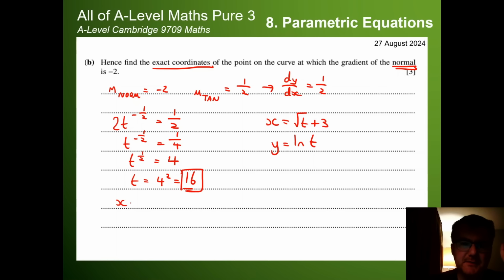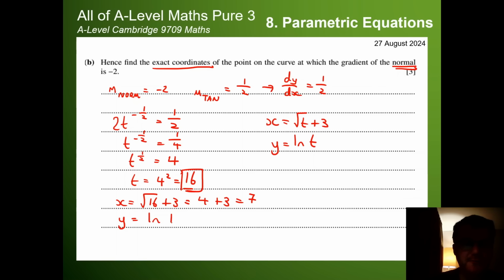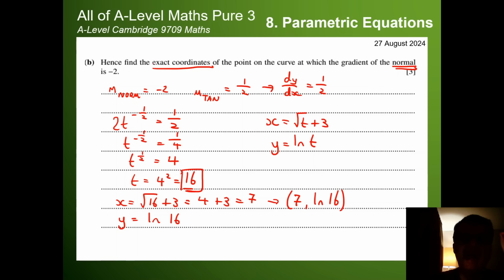So therefore x must be equal to the square root of 16 plus 3. So that's 4 plus 3, which is equal to 7. And then y is just equal to the natural log of 16. So the coordinate, where the gradient of the normal is minus 2, is simply just 7 and the natural log of 16. Exact because we're writing it in terms of natural log.